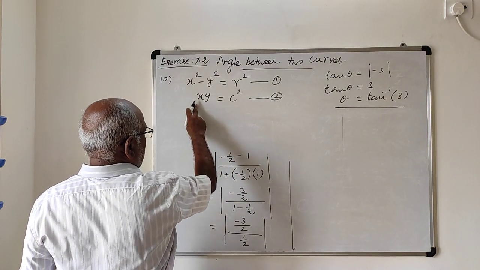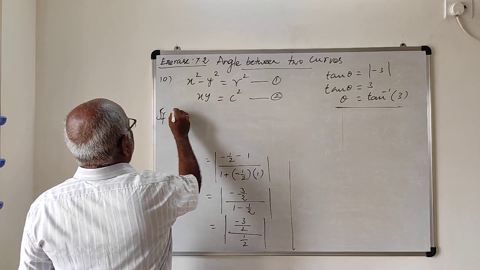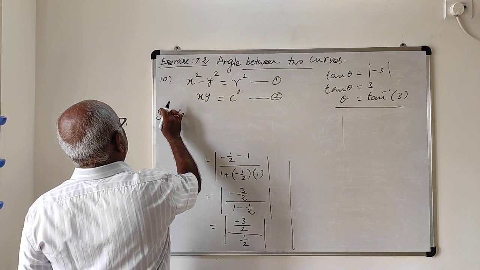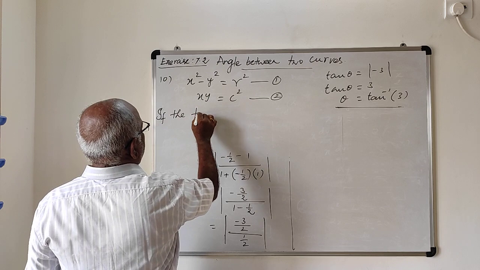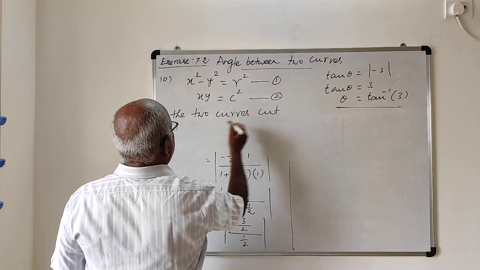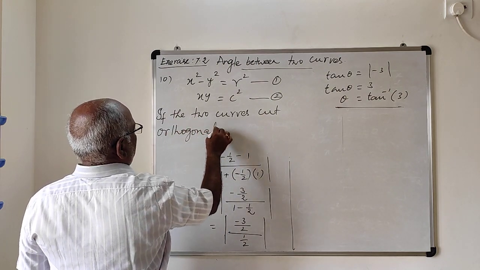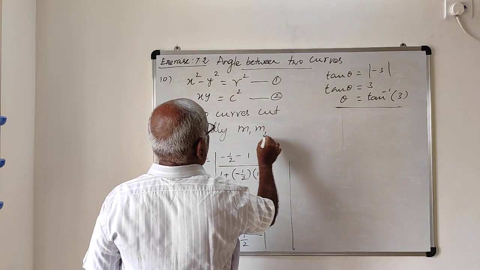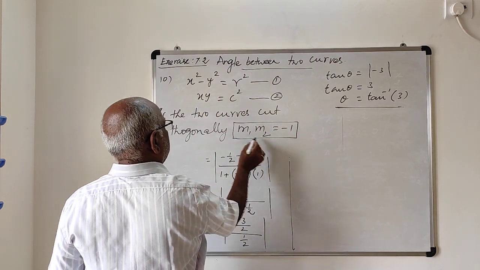Since the two curves cut orthogonally, we have to prove that m1 into m2 equal to minus 1. This is what we have to prove.